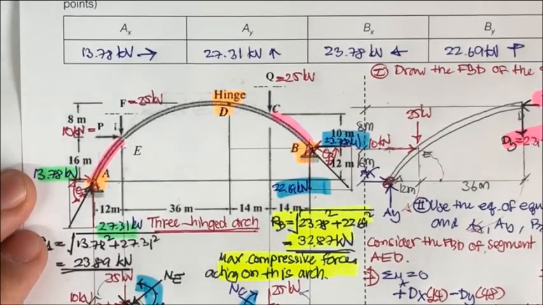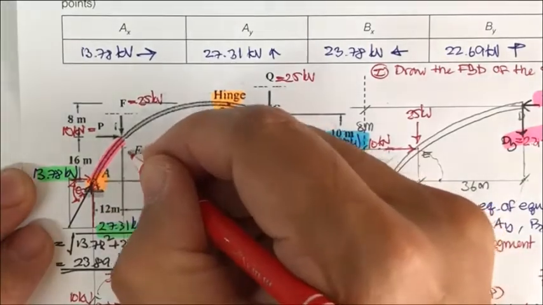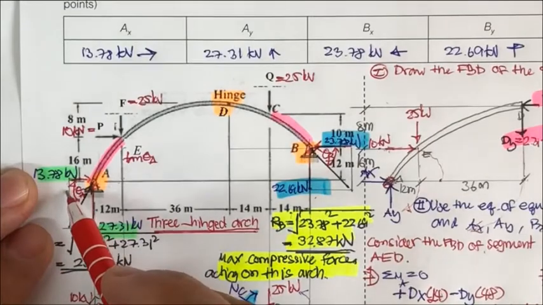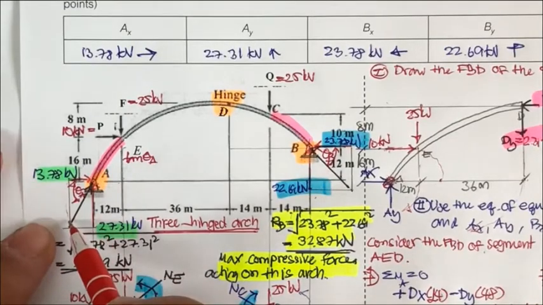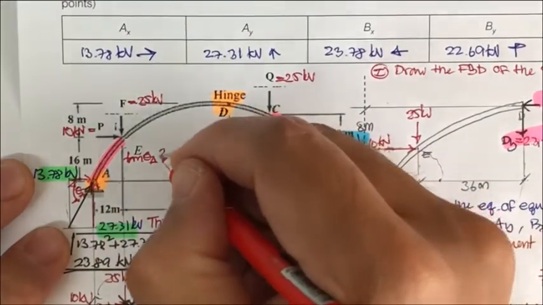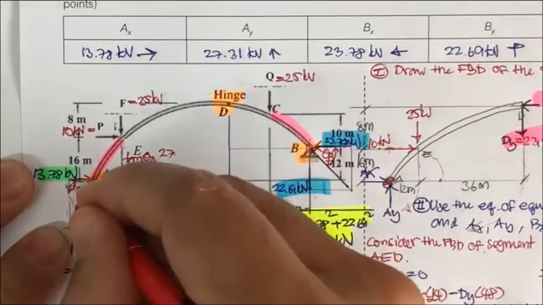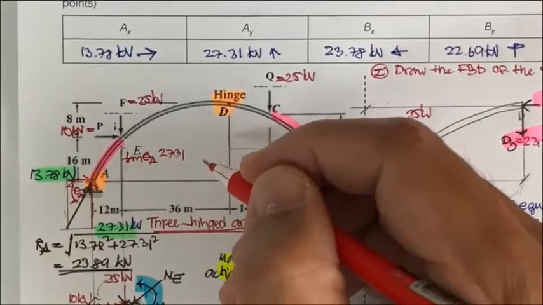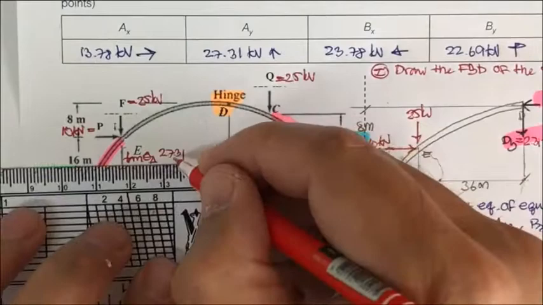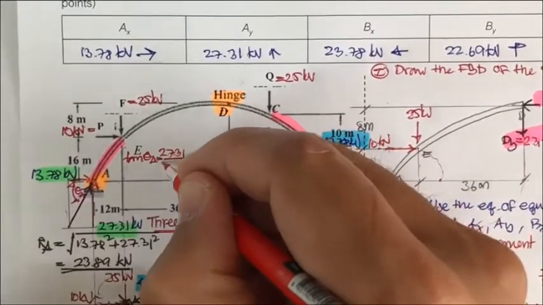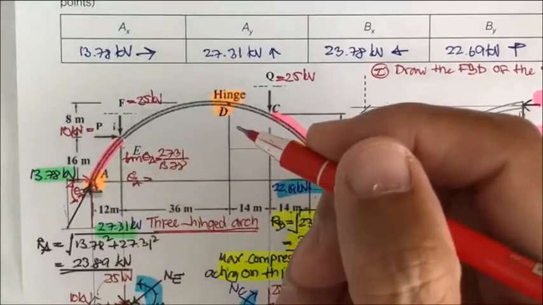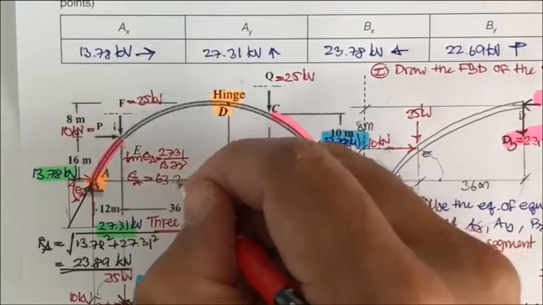Okay, and you may see that if you would like to find tan theta A, it's going to be this vertical divided by this horizontal, which is 27.31 divided by 13.78, so you may get theta A of 63.2 degrees.